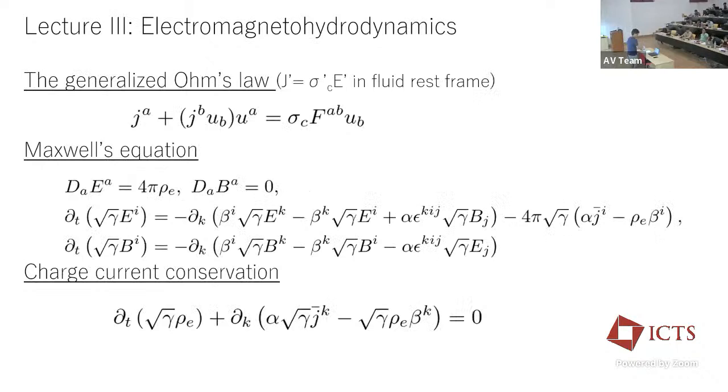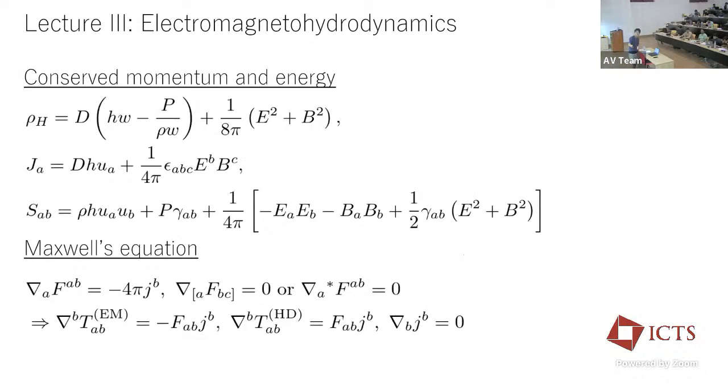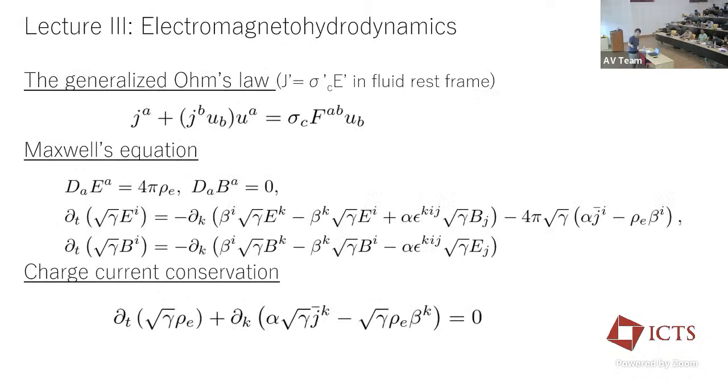So I have already explained how to derive the Maxwell equation here, and the final part is the current conservation and the generalized Ohm's law, which gives you a closure relation between the electric field E and the magnetic field B. In the fluid frame, Ohm's law is given by the current in the fluid frame, the conductivity sigma c, and the electric field in the fluid frame.